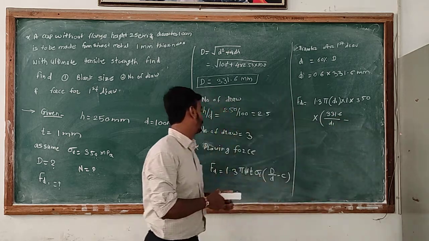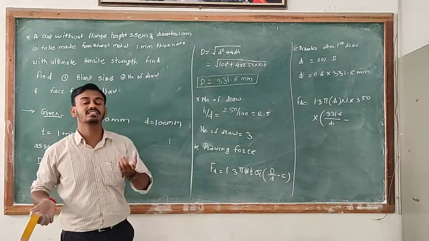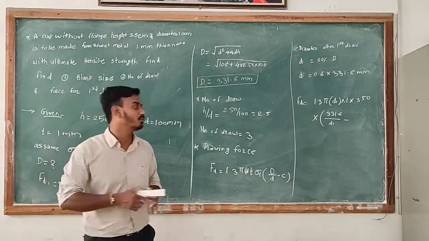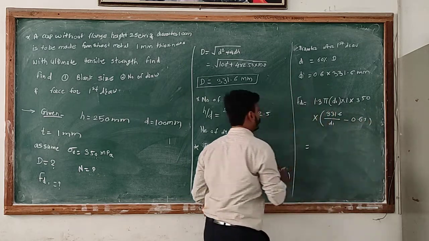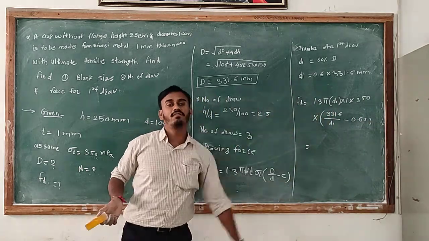The value of c is between 0.6 to 0.7. We will take it as 0.6. Okay, so calculate this and we will get the value of FD1.